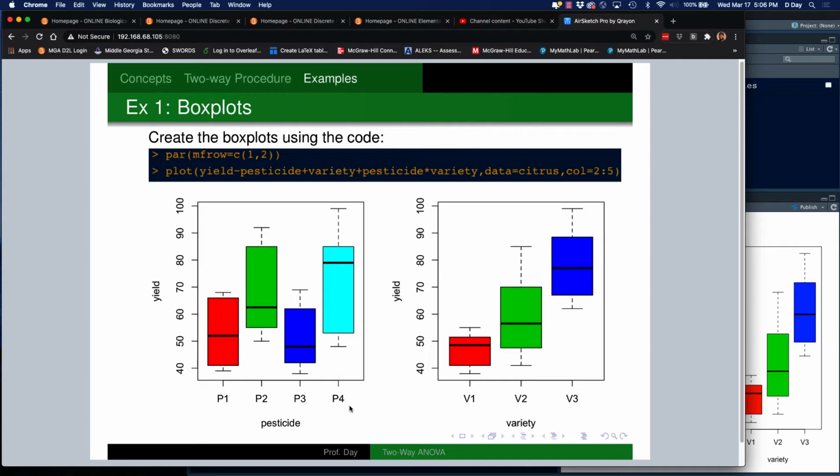And then the yield of the number of bushels we have per tree for the variety type looks like there's going to be a significant difference. It looks like tree variety 3 produces a lot more fruit just from looking at this plot than variety 1 for sure, but we don't know if it's significant enough to be different from variety 2. Again, we'll see that later in the test if we find significant results here.